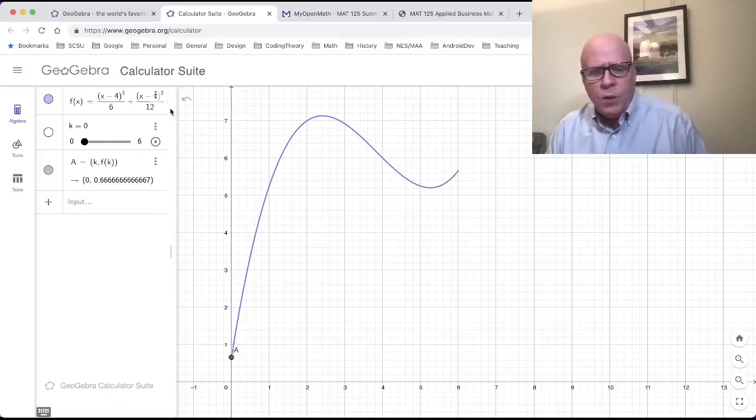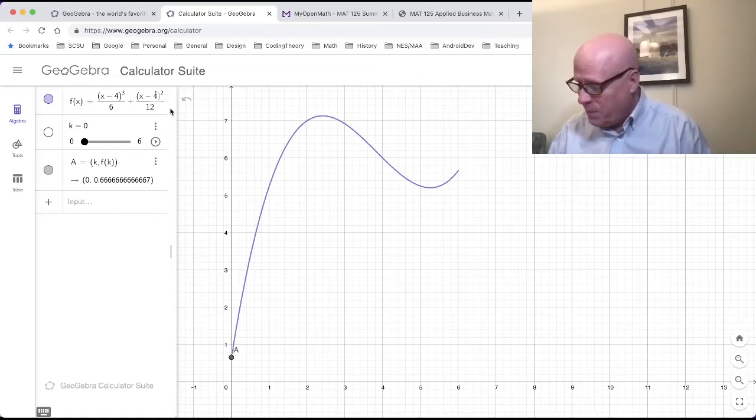And I've also specified the domain. You see how the graph only extends from x equals 0 to x equals 6. We've got a limited domain, the span of values from 0 to 6 is all that are considered here. So when we look at this particular graph, you can see lots of extreme values.